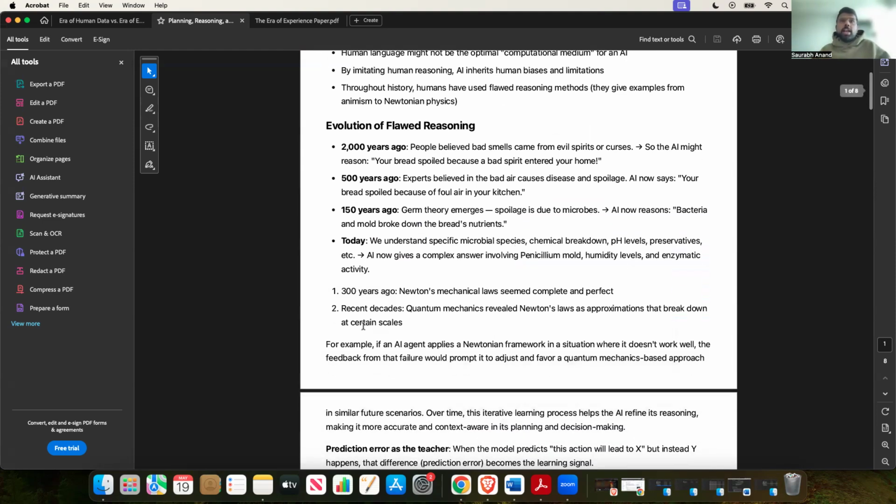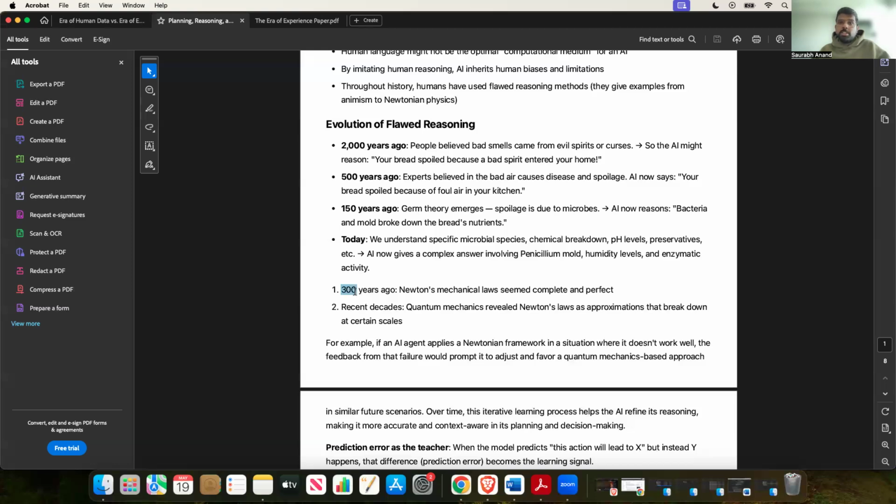One more example, which the paper also mentions: 300 years ago, Newtonian mechanical laws seemed quite perfect, but in our current scenario, in many situations they don't hold. Quantum mechanics has revealed Newtonian laws are approximations that break down at certain scales. Suppose you're chatting with an LLM and you ask something related to quantum mechanics, and its answer is based on Newtonian mechanics.